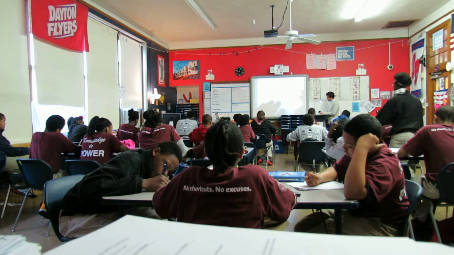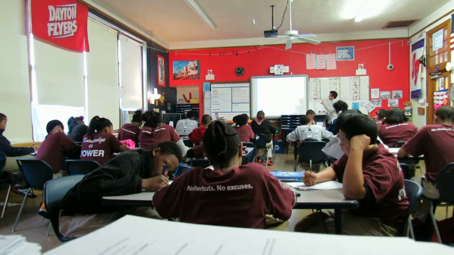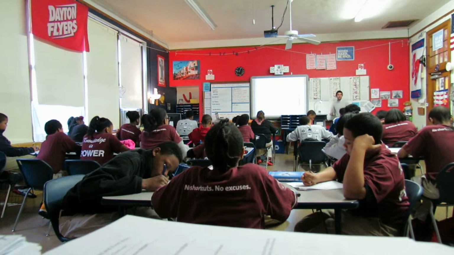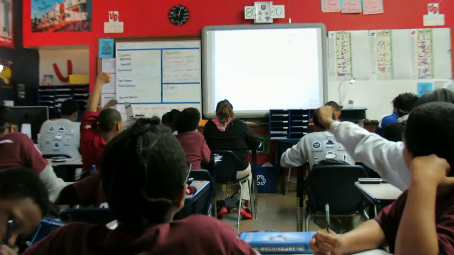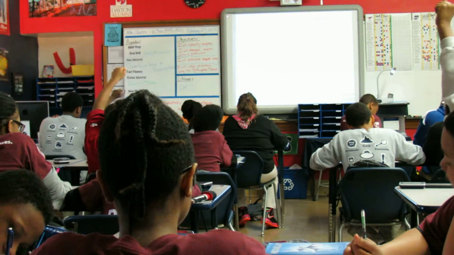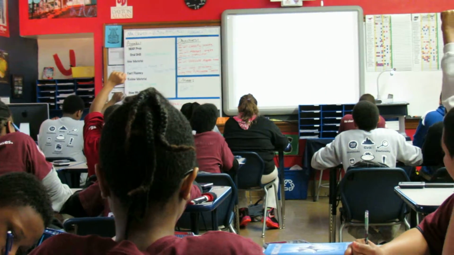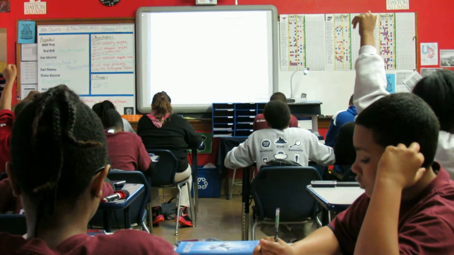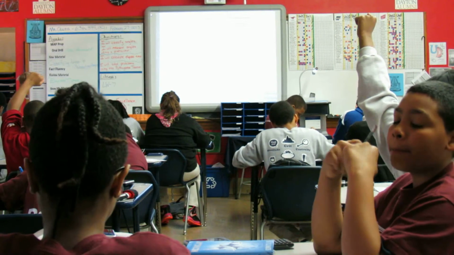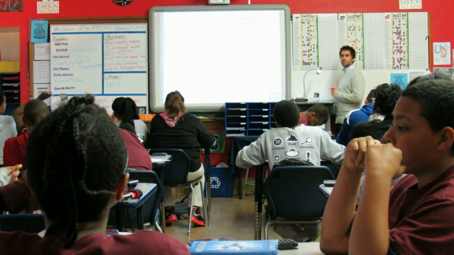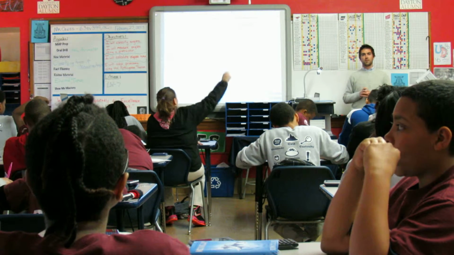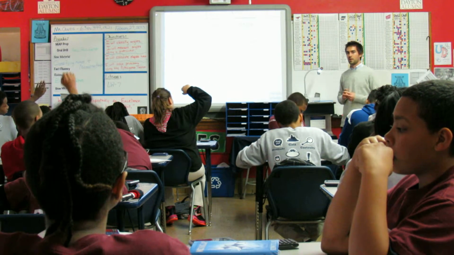Obtuse angle. A little bit different. What does that mean? 90 degrees is less than A, which is less than 180 degrees. How could we translate that in 7th grade language? Ruby. More than 90 degrees and less than 180 degrees.